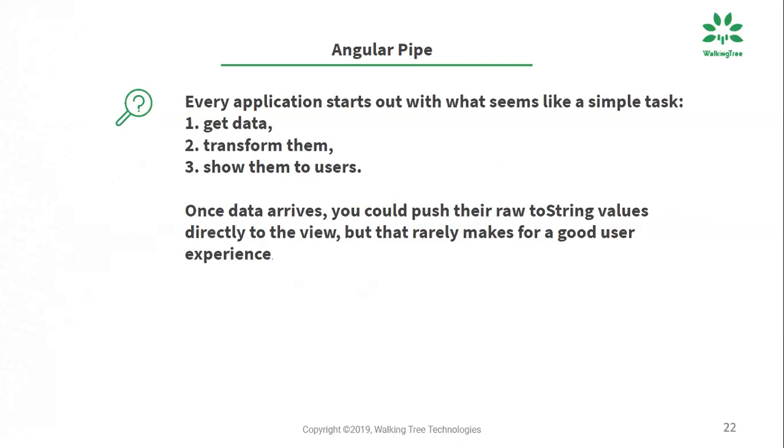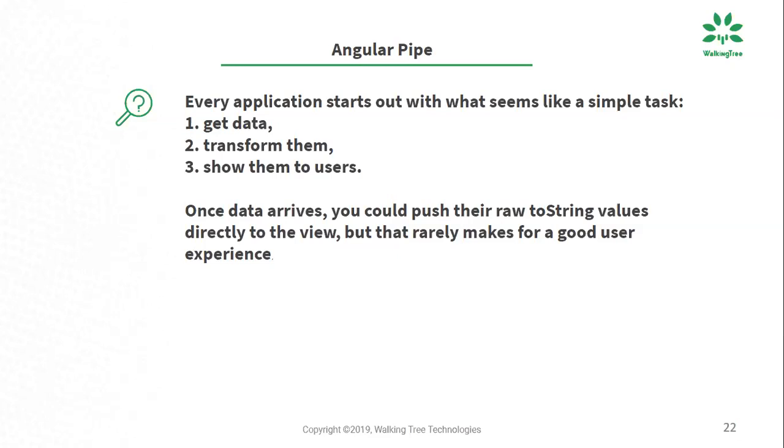So in every web application, we know that we need to get the data, transform the data and show that to the user. These are the main three things we will do. When it comes to UI technologies, we will get the data, transform that, and show that to the user.